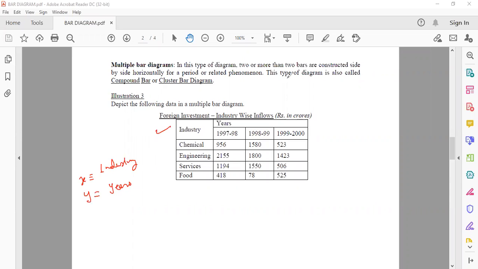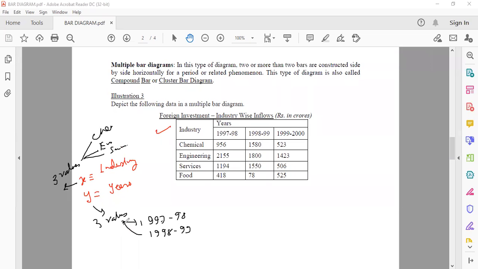X has 3 values: chemical, engineering, and services. Similarly, Y has 3 values: 1997-98, 1998-99, and 1999-2000.